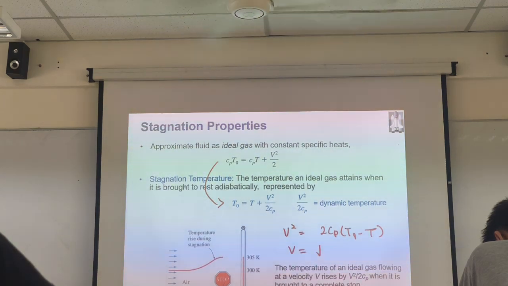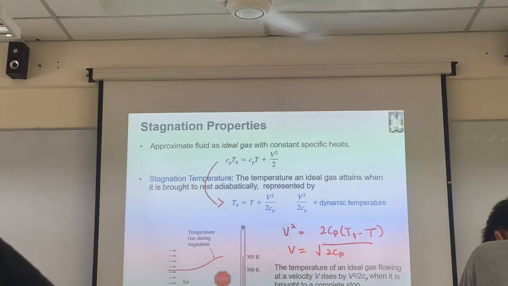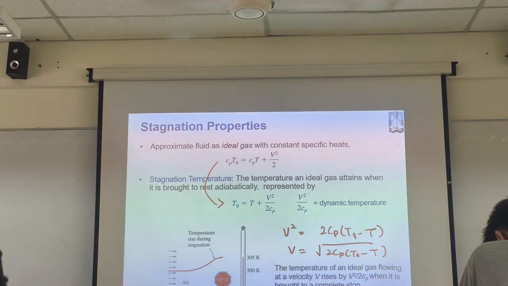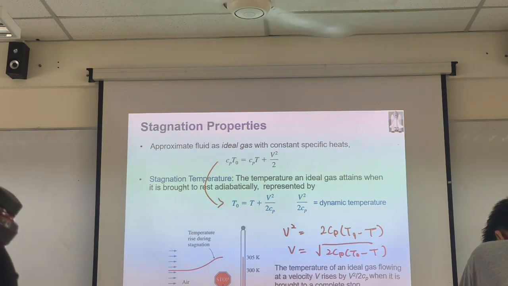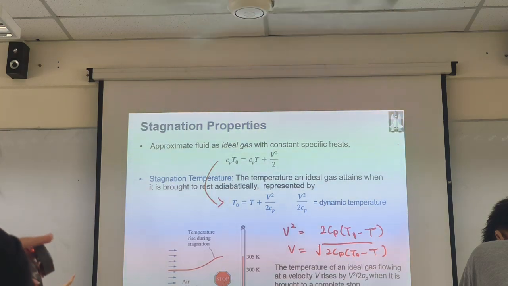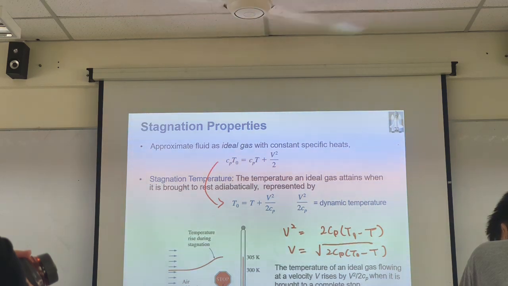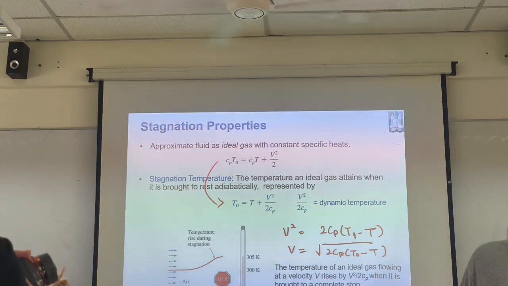So V equals the square root of 2Cp (T naught minus T). So this is the equation that we are using to find that particular change. Here we also have the same issue as when we found the speed of sound, meaning the Cp here is also in terms of thousand.